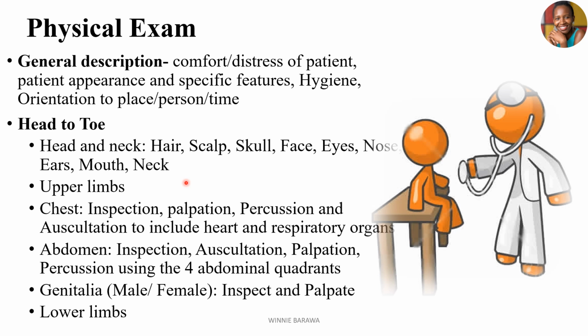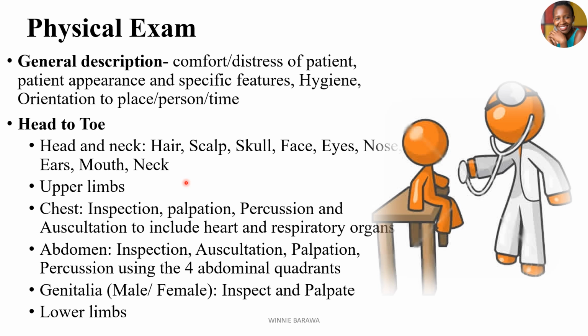And then from the upper limb, you flow down to the chest. In the chest, there's a technique we need to use, organized as inspection, palpation, percussion, and auscultation. That's how we flow with this order. If you also want to understand how chest examinations are done, I've provided another video on this under respiratory diseases.